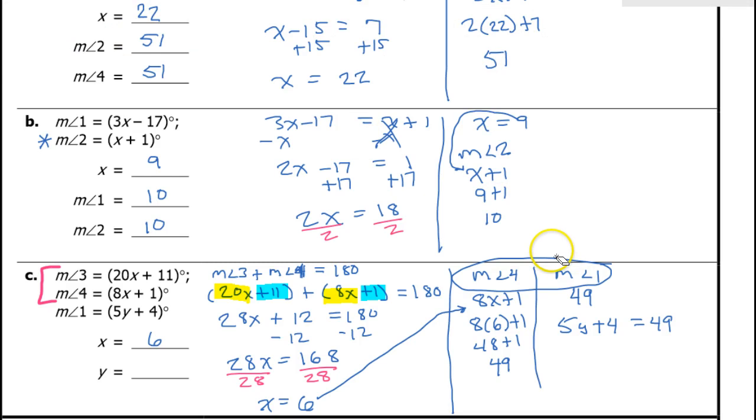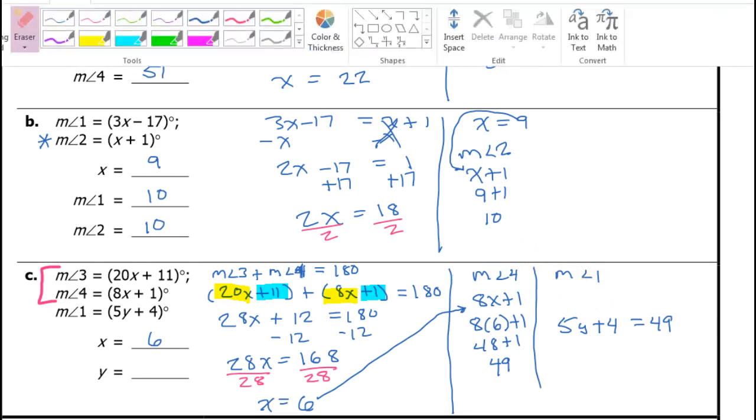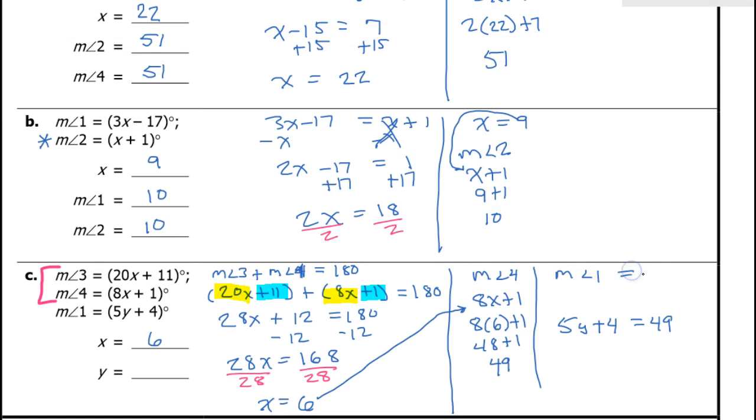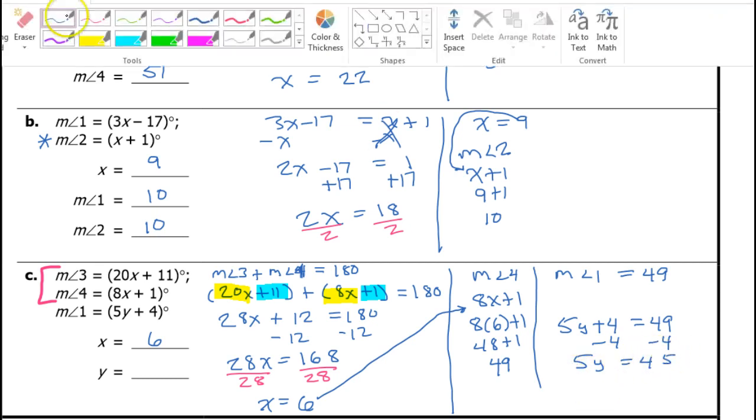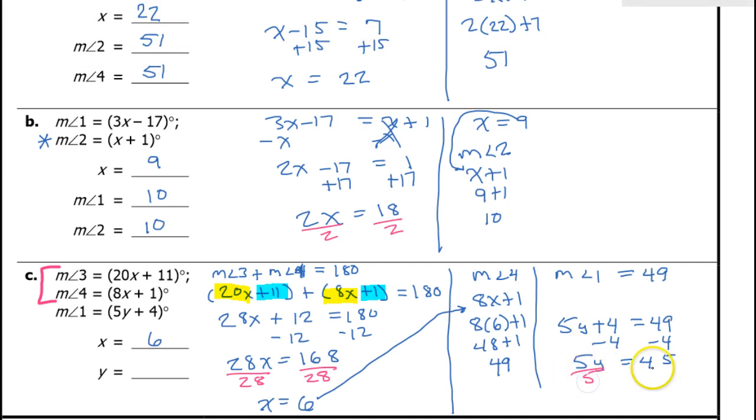Maybe it'll be more clear if I write it like this. The measure of angle 1 is equal to 49, and we know that the measure of angle 1 is 5y plus 4. So all I have to do is solve this little equation. So that's going to be 5y is equal to 45. And then we need to divide both sides by 5. So that's going to give us y equals 9.